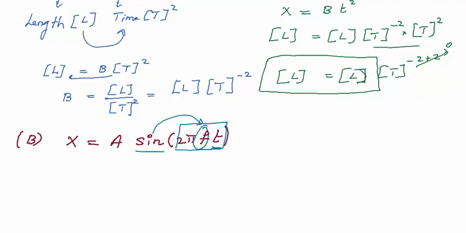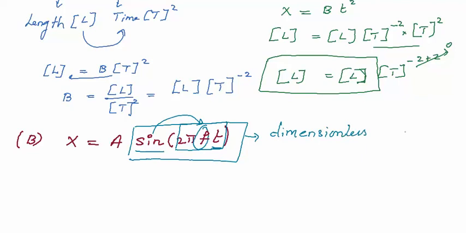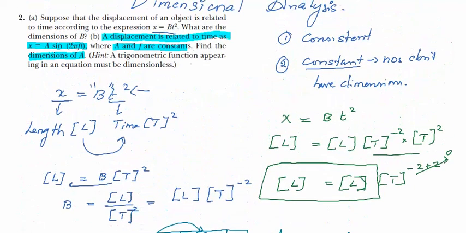Therefore the dimension is absorbed in the trigonometric function, and this whole part has no dimension. It is dimensionless, which is also hinted in the question: a trigonometric function appearing in an equation must be dimensionless.